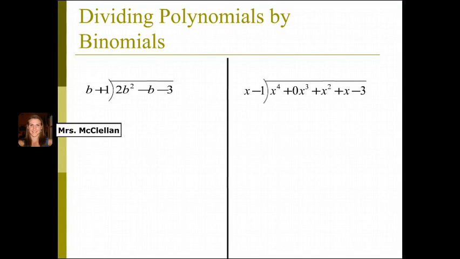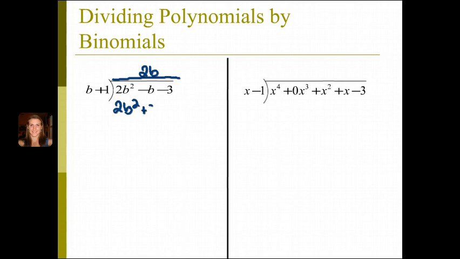Okay, so let's do another example of dividing a polynomial by a binomial. What times b gives you 2b squared? Well, that would be 2b. So that goes above your second term in the trinomial. 2b times b gives you 2b squared. 2b times 1 gives you 2b.